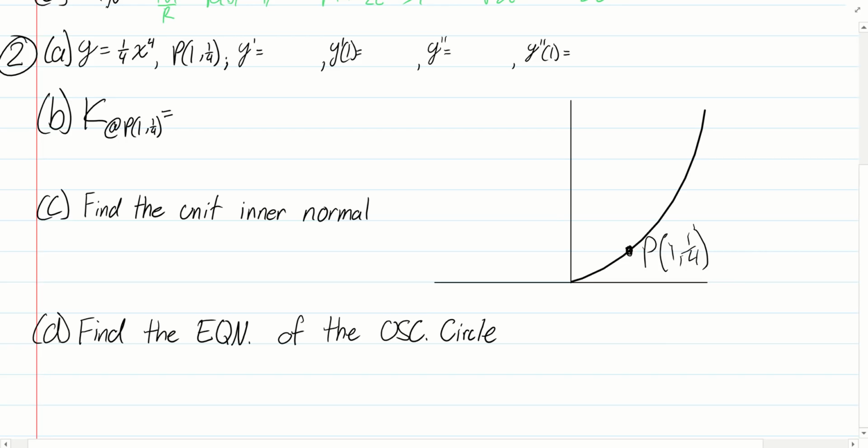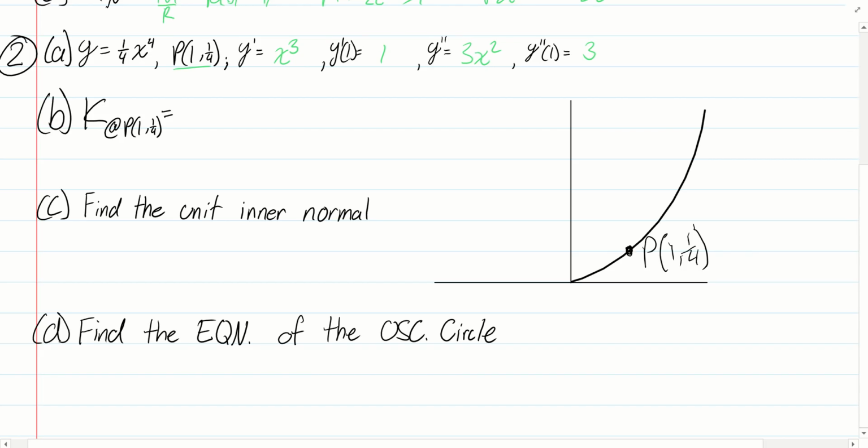So in here you have y equals 1/4 x to the 4th. Take the derivative of that. It's going to be x cubed. Now plug in 1 for that. It's just 1. Y double prime is going to be 3x squared. Plug in 1 for that. You get just 3. Now we're finding k for the point 1, 1/4.